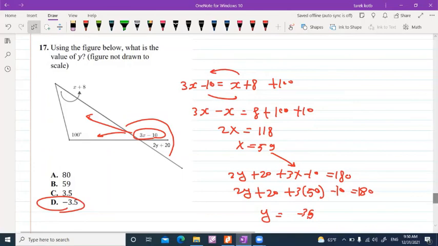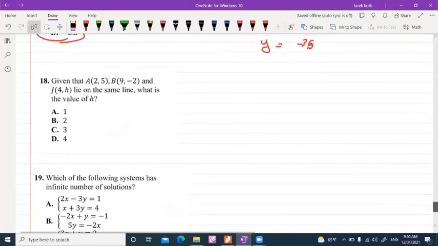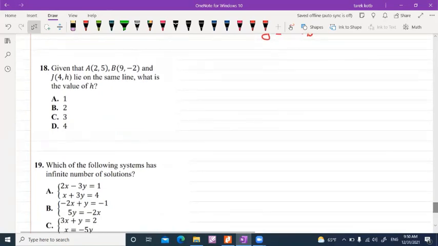Number 18. Given that 3 points A, B, G, J lie on the same line, what's the value of H? Since the 3 points lie on the same line, the slope of the line is the same whatever points you use, so I can use this fact to get the value of H. If we get the slope using the first 2 points, it will be negative 2 minus 5, y2 minus y1 over x2 minus x1, 9 minus 2.